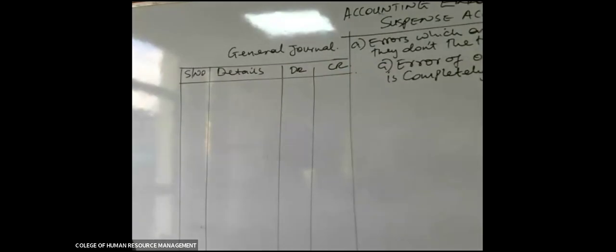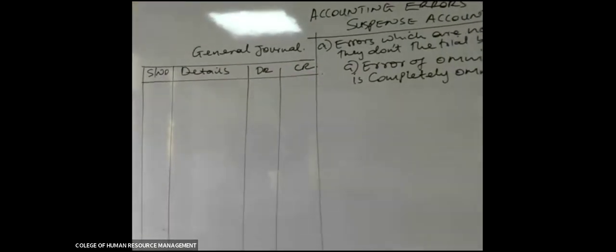The first error, under the error of omission, you are told that a cash sale of 50,000 was completely omitted from the books. The question is, when you sell goods in cash, which account do you debit and which account do you credit?